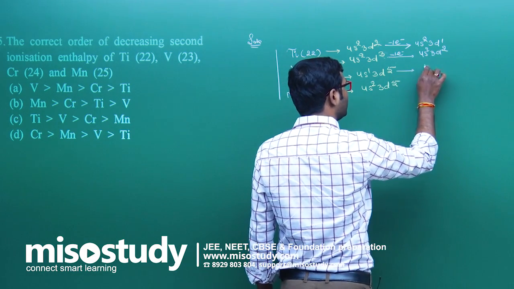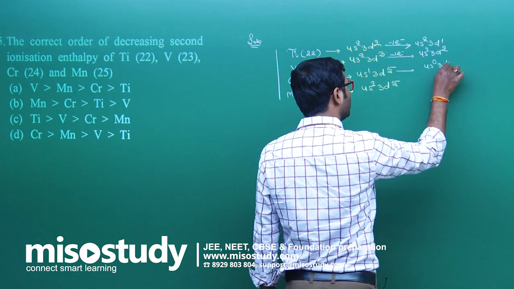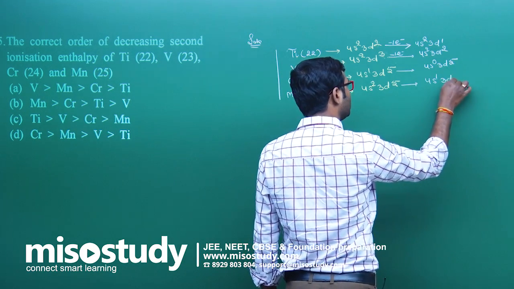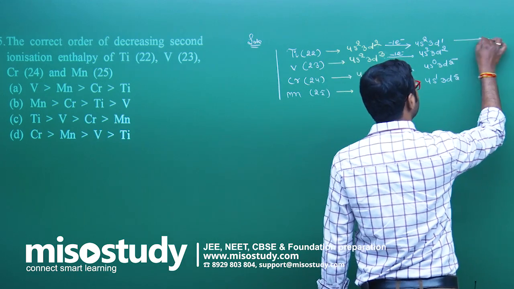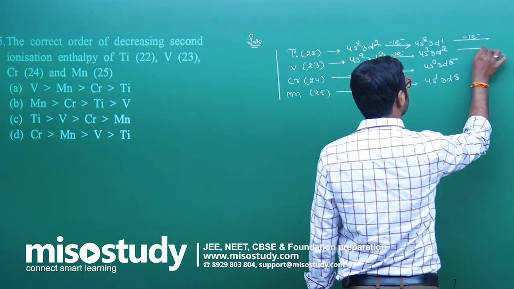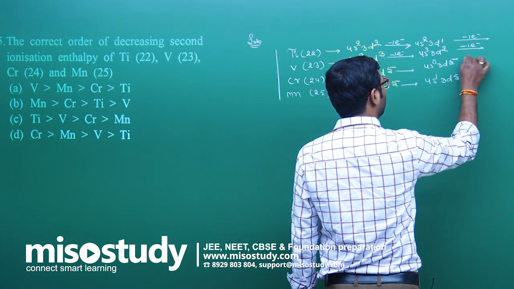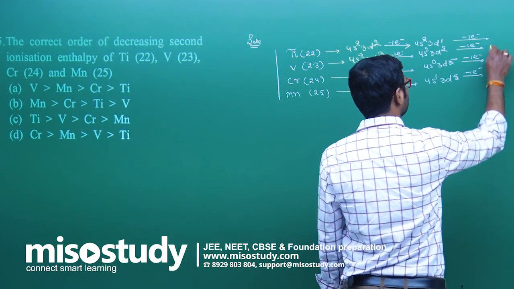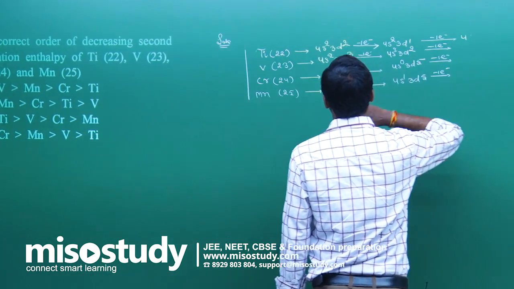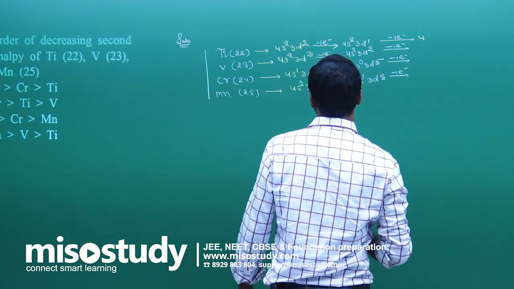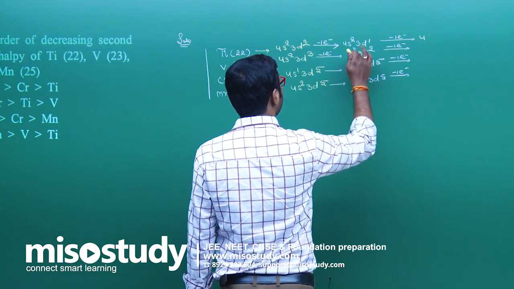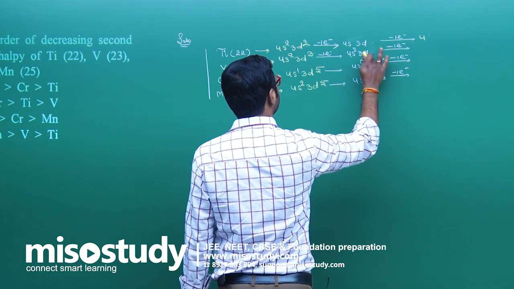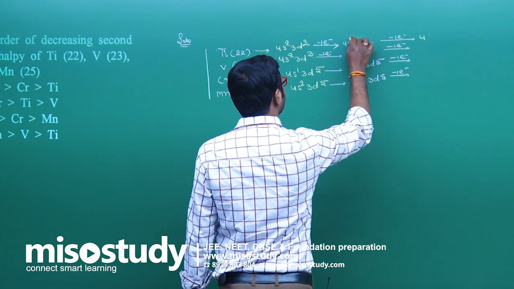Here we will write 4s0 3d5, and the second one is 4s1 3d5. Now again, when it is losing the second electron, this is the electron removed from 4s, then 3d. Pardon, I am so sorry.